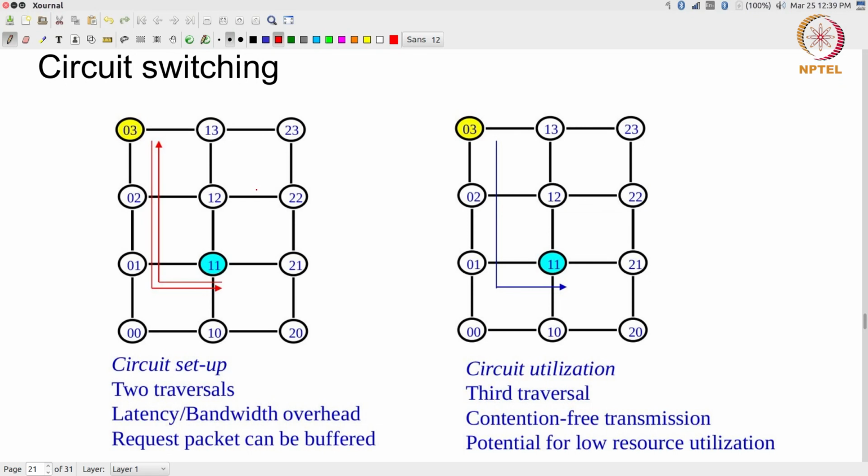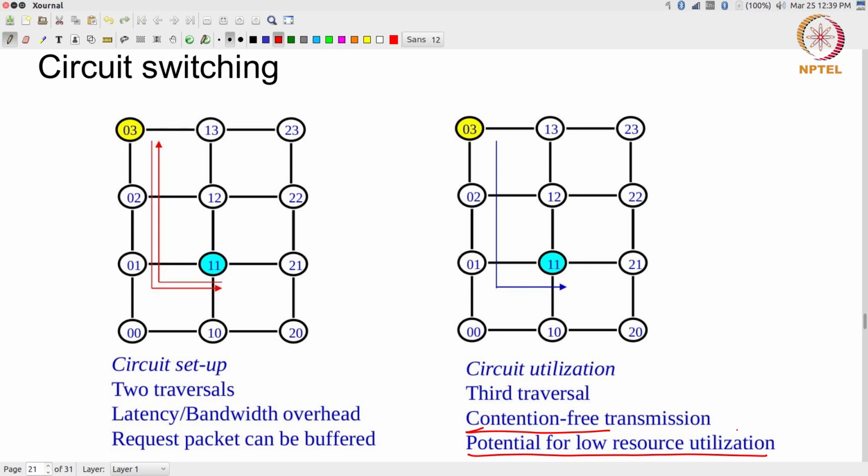It has all that setup overhead, which basically says that once you have done this, after that comes the second part where you actually transfer the data. The good thing about it is contention free transmission. For the duration of that circuit, all the links are dedicated to this particular circuit. The problem is you can end up with fairly low resource utilization, and you have overhead associated with this.